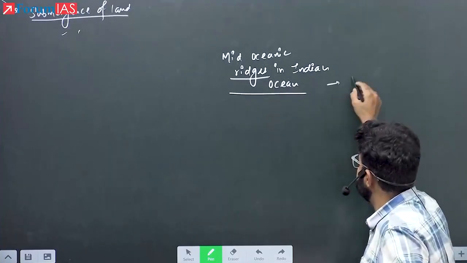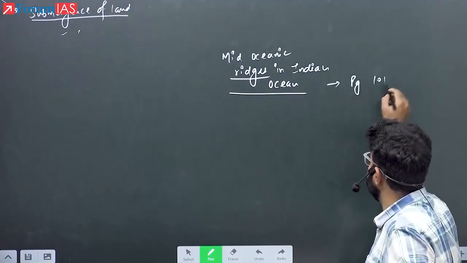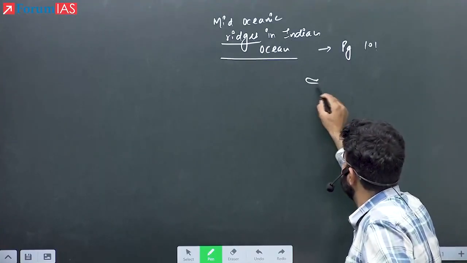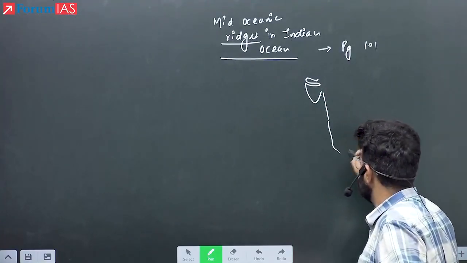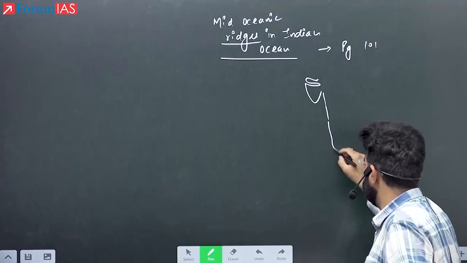Again, you will go to page number 101 and try to locate these. Okay? Most of the things will not be found there. I am just making this diagram. Please make this one with me.